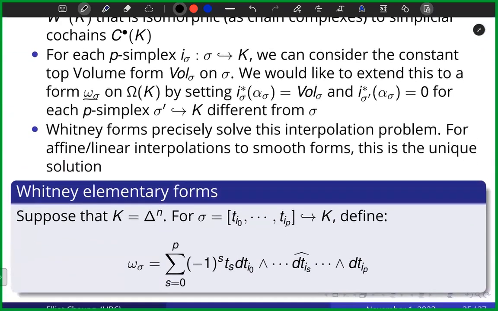So first we'll say, suppose that K is an n simplex, and I have a sub P simplex in K. You define the Whitney form associated to this face by this formula here.